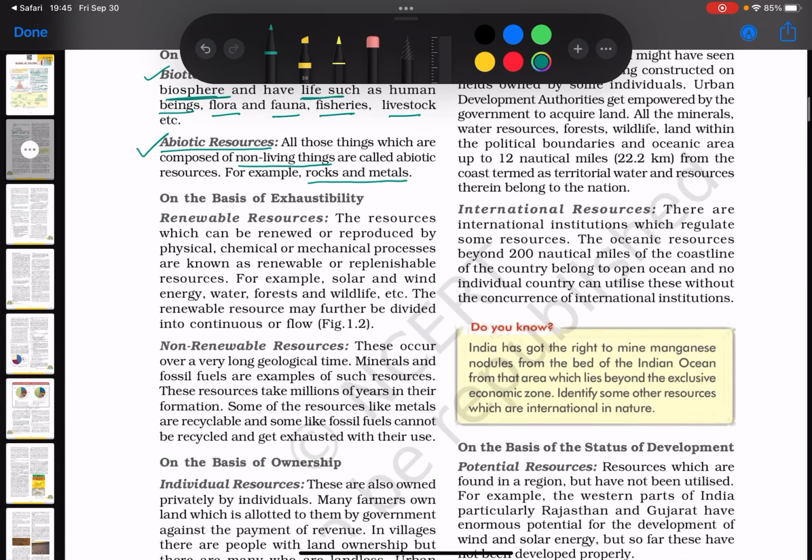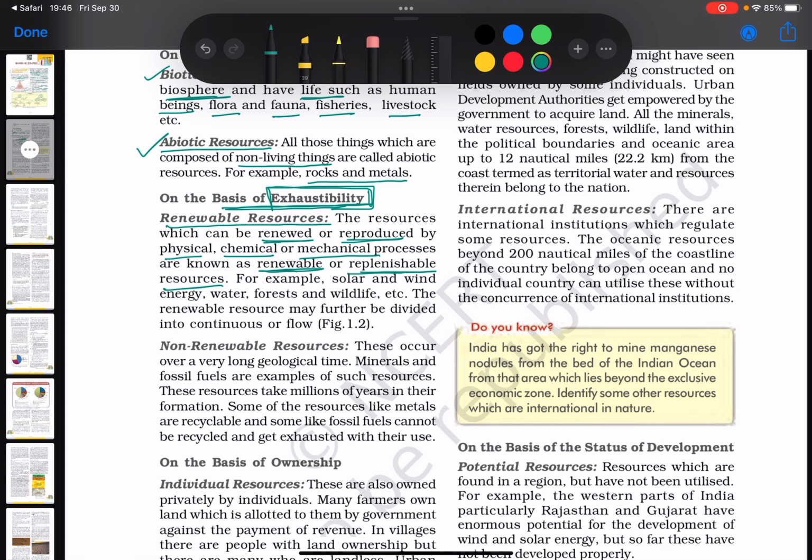Now let us look at another classification of resources, on the basis of exhaustibility. Exhaustibility means how quickly they are exhausted. Renewable resources are resources which can be renewed or reproduced by physical, chemical, or mechanical processes, or a combination of all these three, and are known as renewable or replenishable resources.